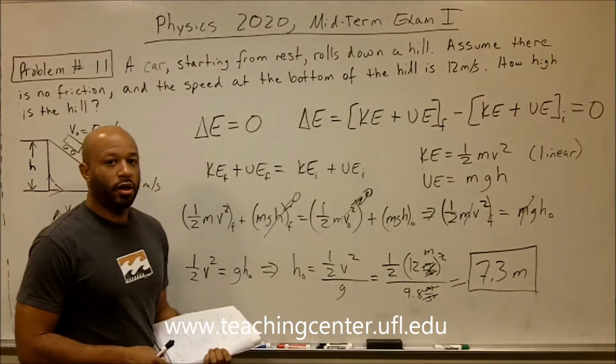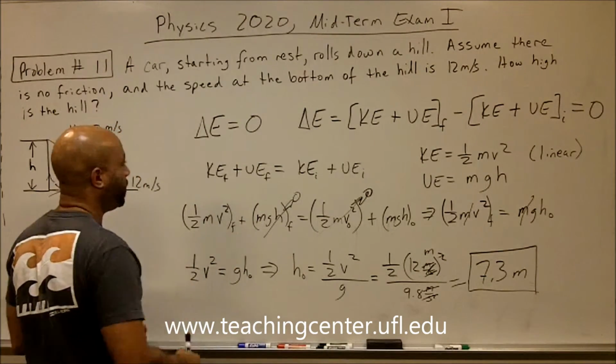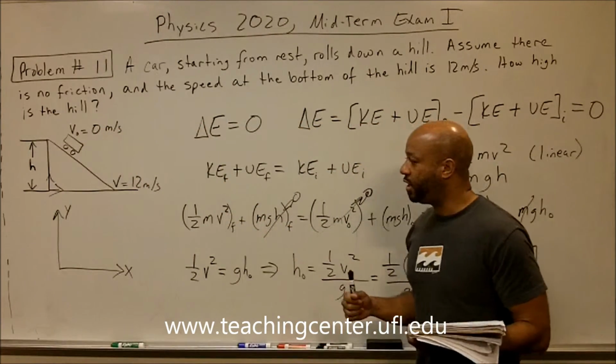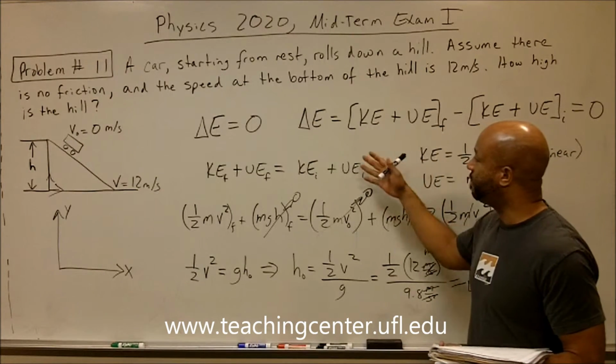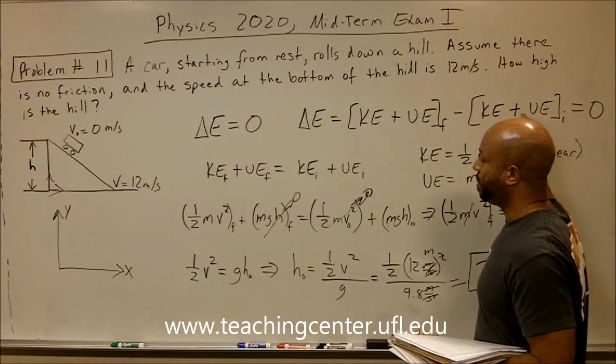All right, so this is how you would solve the problem. And basically all it is is a transfer of potential energy to kinetic energy. And given that information, we know that the conservation of energy doesn't change. So that allows us to set this equal to 0.